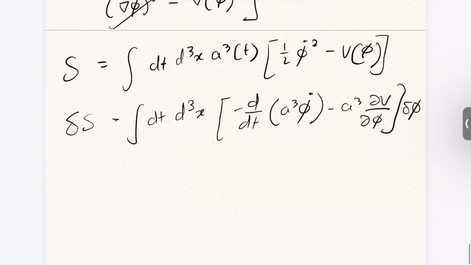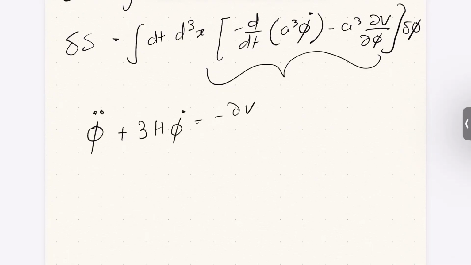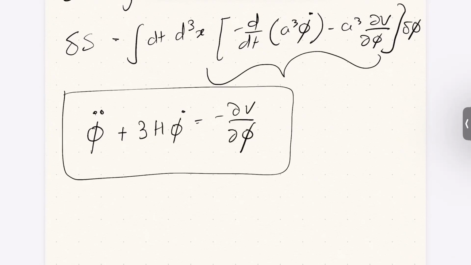Okay, and due to the least action principle, this will go to 0, which means this whole thing will go to 0, and therefore I will find something that looks like this. So this is your equation of motion for a scalar field that is in FLRW.